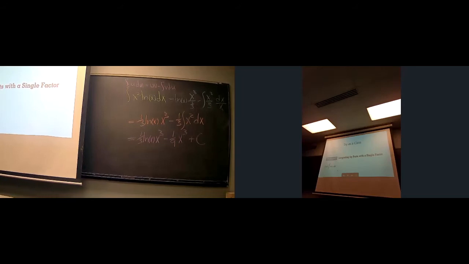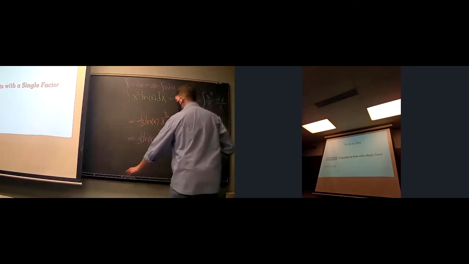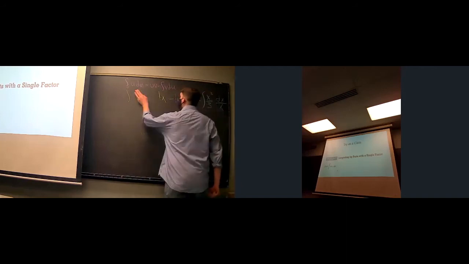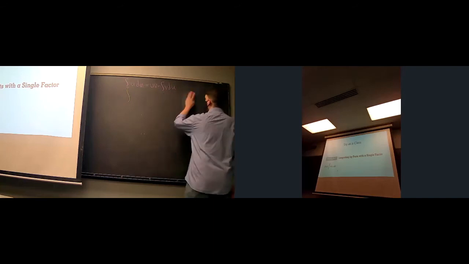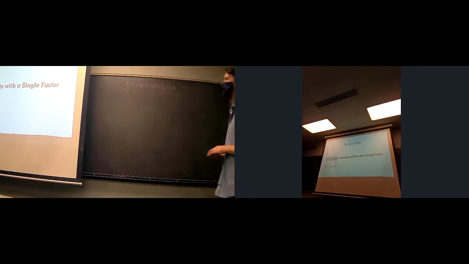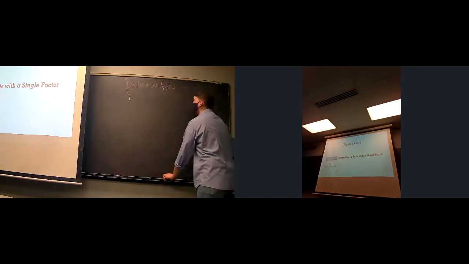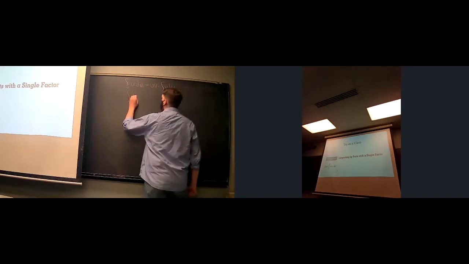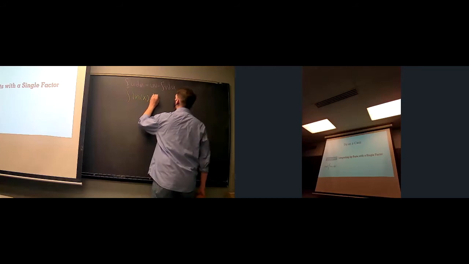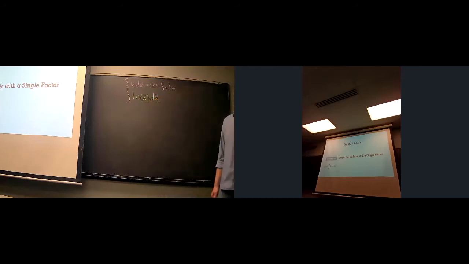So, as another example, and another general rule-breaking point that I was making, I don't know why this didn't occur to me. As an example of when we are going to set dv equal to dx, we can consider the integral of ln of x dx.